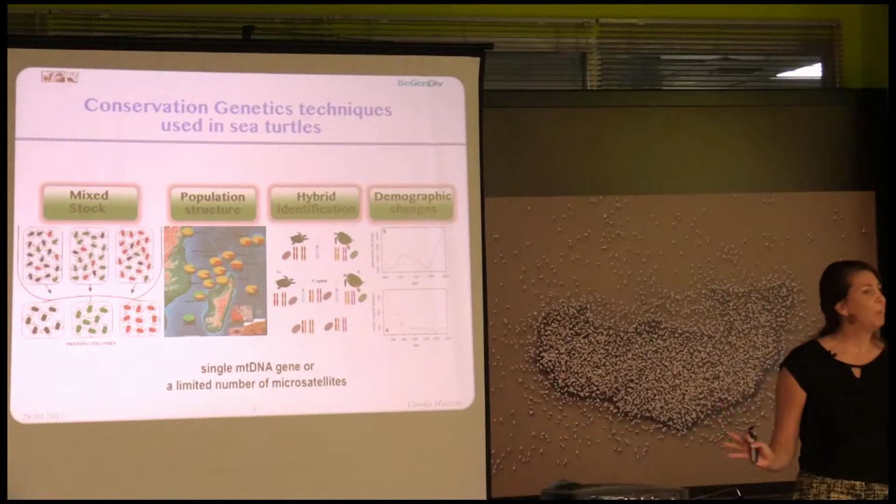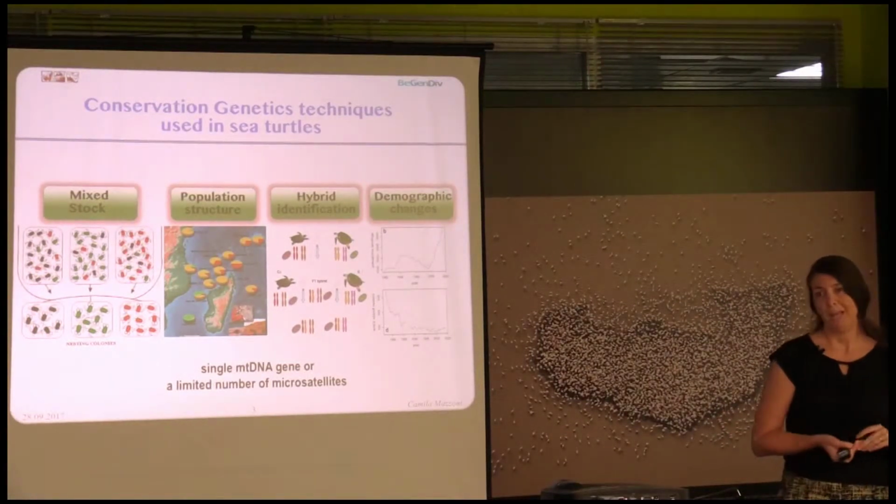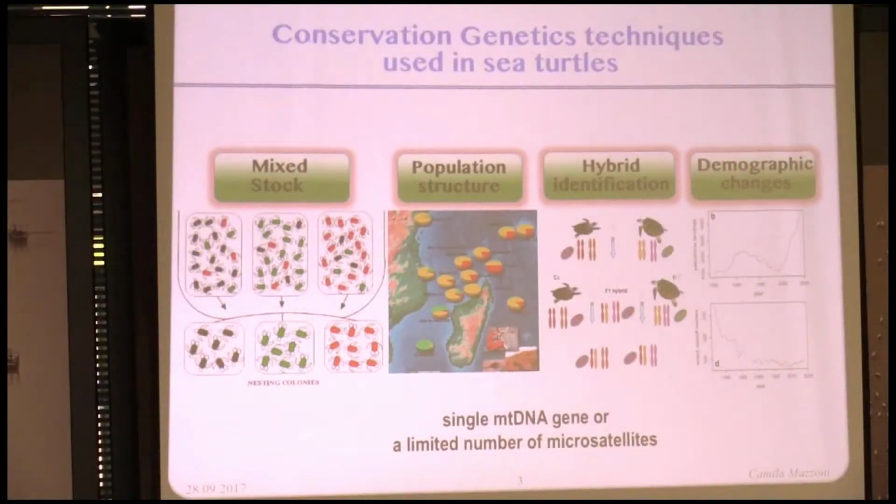There is no problem with using these markers. The problem is that there is a lack of resolution. You need more resolution. The sea turtles, the different populations, are very similar to each other, so the resolution that we have nowadays is not enough to actually define different populations and whether there is structuring or not, and so on.